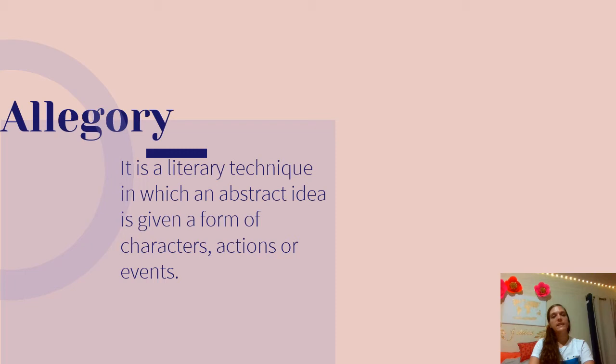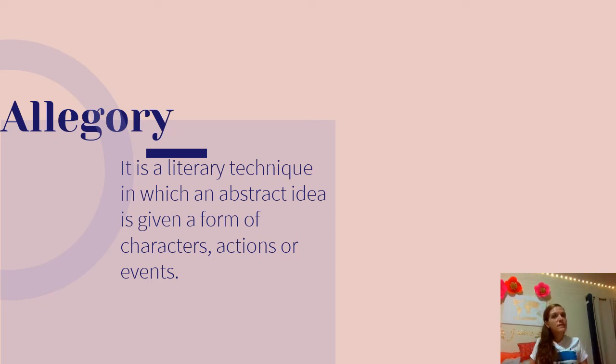Allegory is a literary technique that uses an abstract idea and is given a form of characters, actions, or events. Okay, we did Plato in philosophy last year, and we learned about his allegory of the cave. In the allegory of the cave, he was presenting the abstract idea that if you are not educated, it is like you live in a cave that you can never get out of, okay?